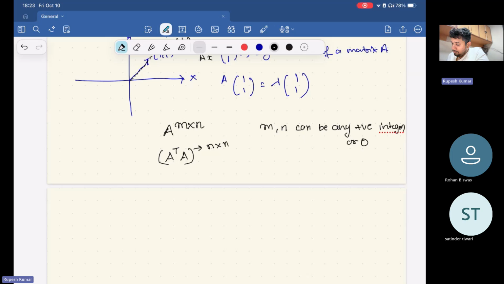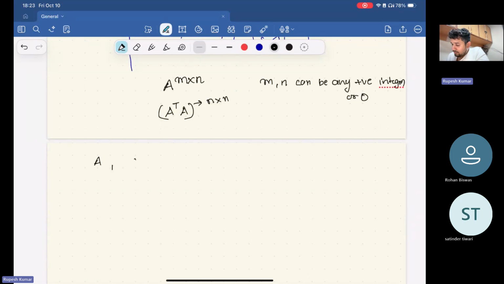Can you prove that for a given real matrix A, A transpose A will be a square, real, and symmetric matrix?